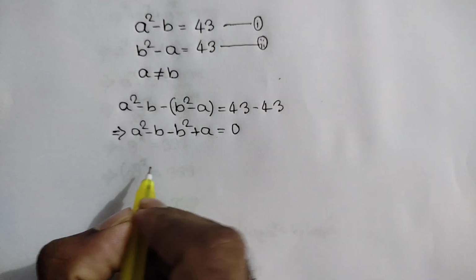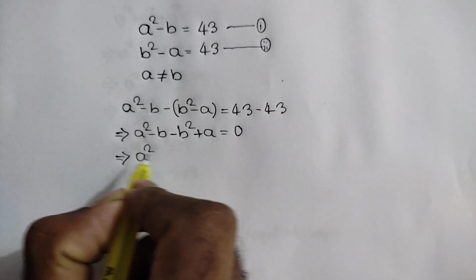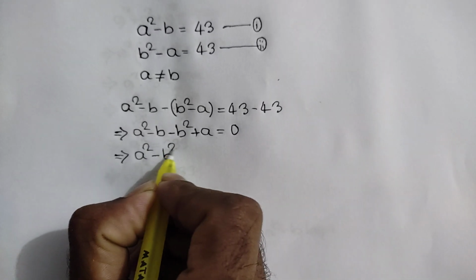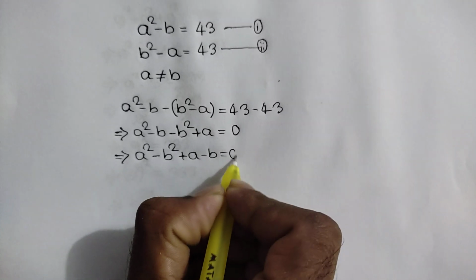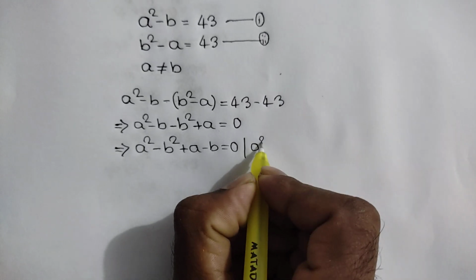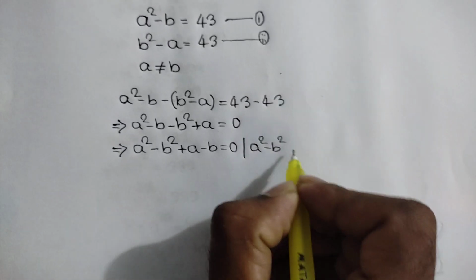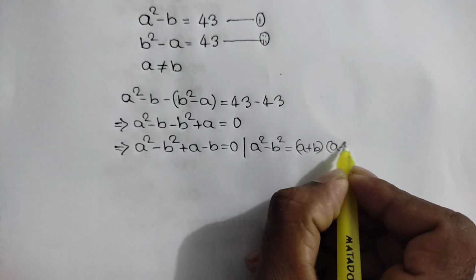Rearranging it, we can write a square minus b square plus a minus b is equal to 0. Here we can apply this rule: a square minus b square is equal to a plus b into a minus b.